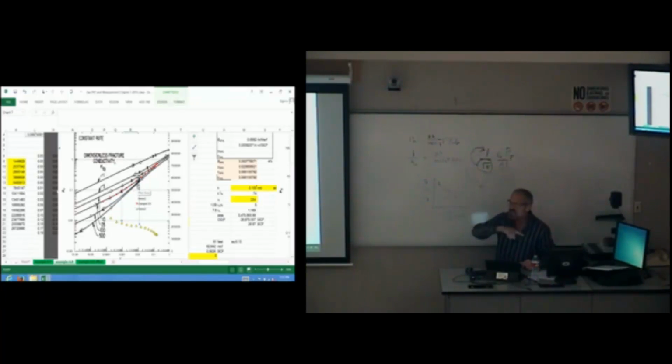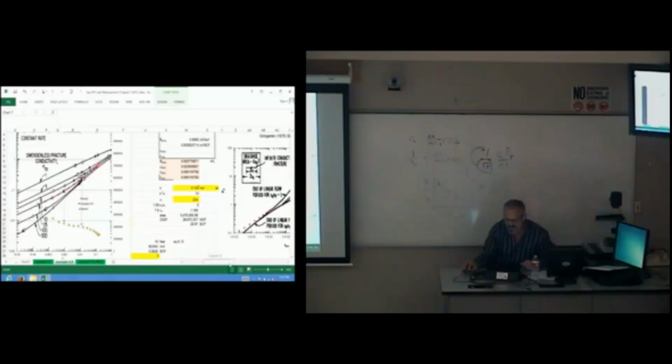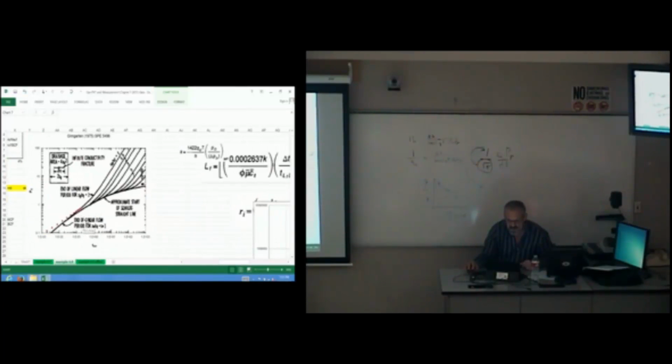It's the second X on the bottom line. That's the closest thing to infinite conductivity we have on the Bennett type curve.